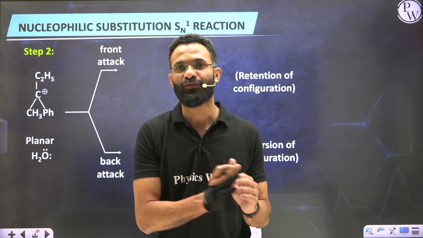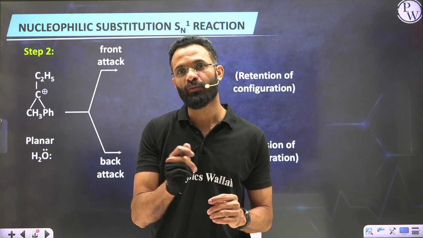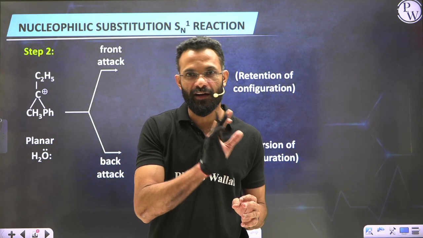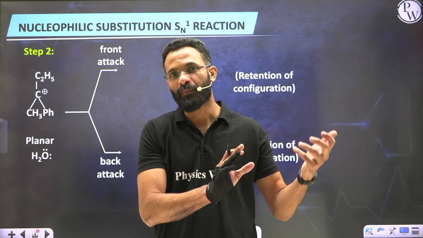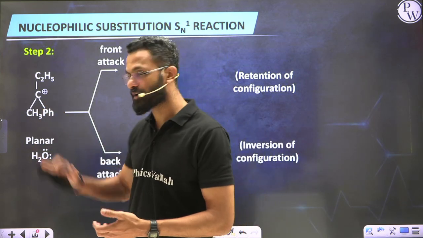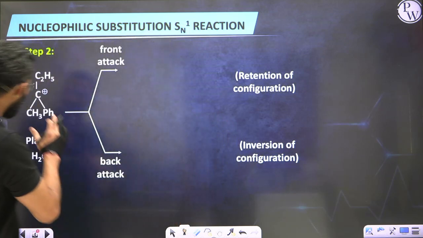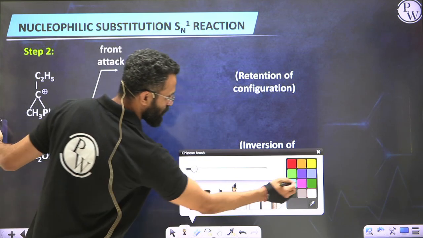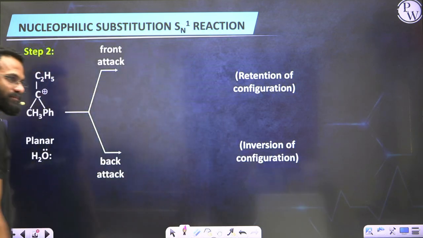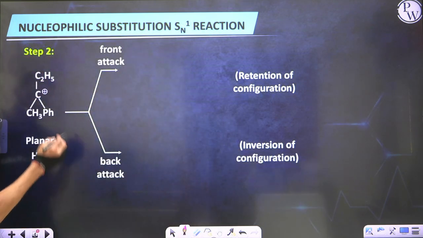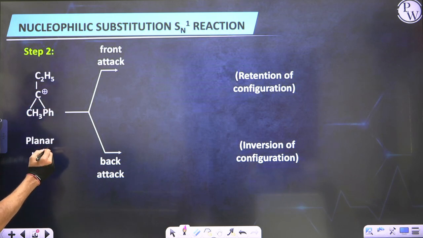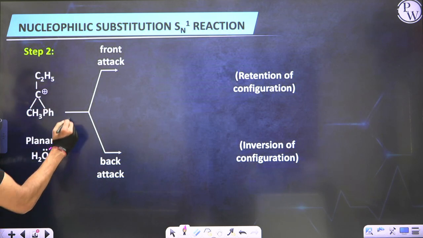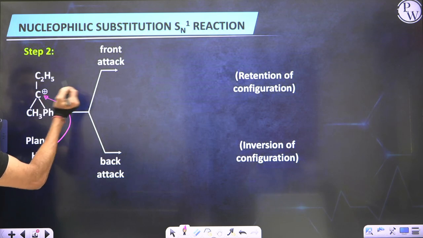So in step number 1, water never came into the picture. No nucleophile in step 1. The carbon bromine bond dissociates to form a carbocation and the Br minus ion. This carbocation, once formed, can now undergo attack from a water molecule. So here, water can attack this deficient carbon from the same side from where the bromine has left.